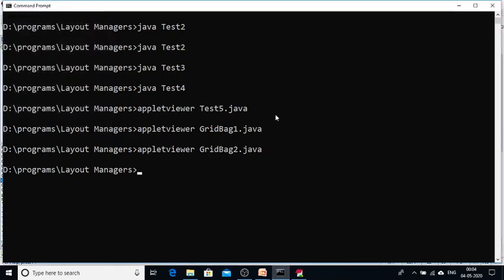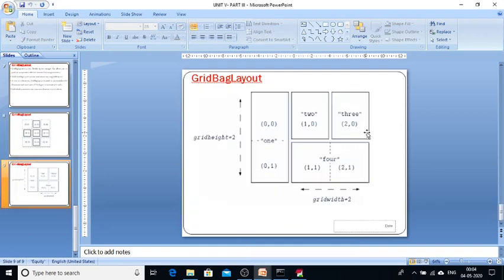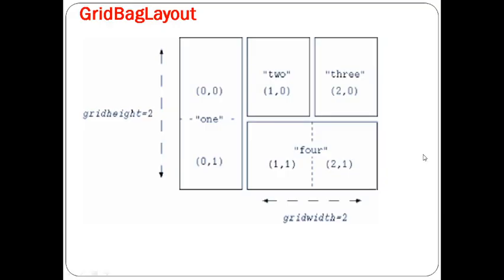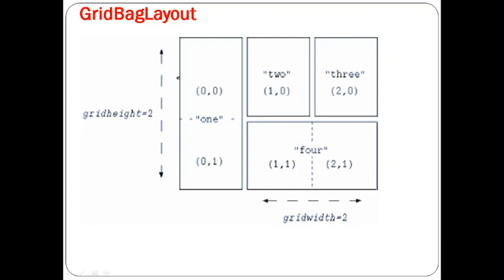Understand. The next topic is also in the GridBagLayout. Previously the buttons were arranged in a normal order. Now my requirement is this: I have two rows and three columns.